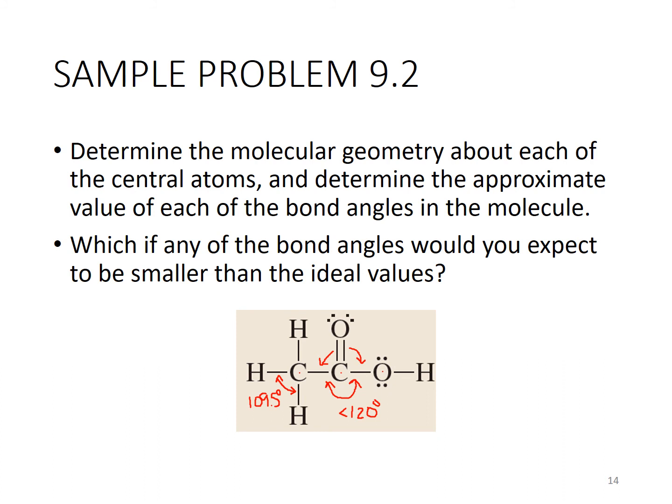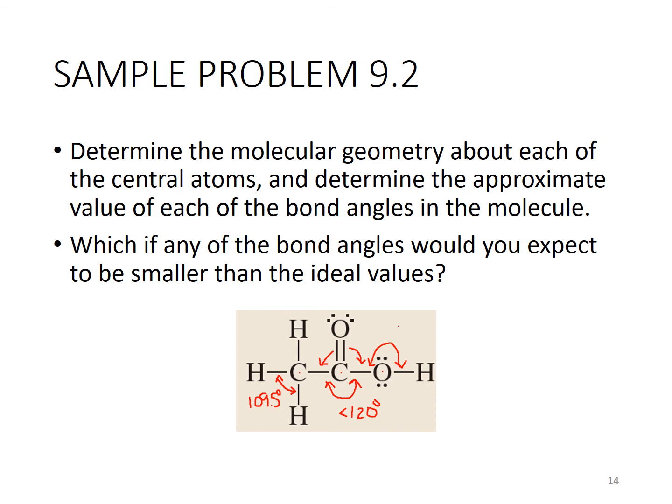Okay. Then lastly, we have this oxygen. Let's take a look at this bond angle between these two bonds. This has 4 electronic domains, so it is tetrahedral electronic geometry. But in terms of its molecular geometry, it is bent since it has those 2 lone pairs. So ideally with tetrahedral, that would be 109.5.